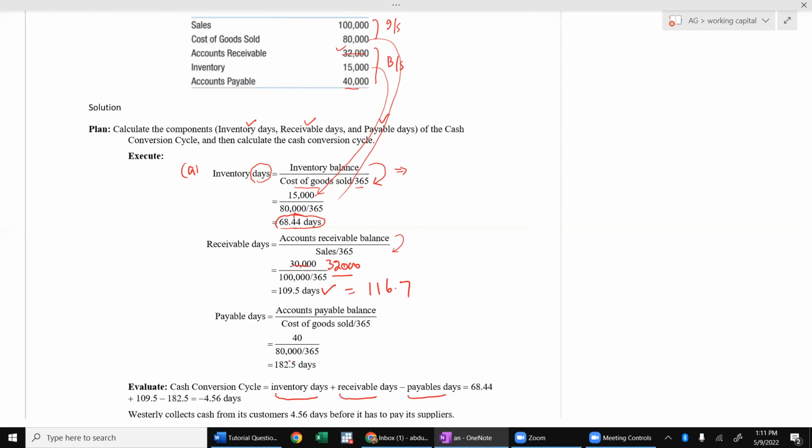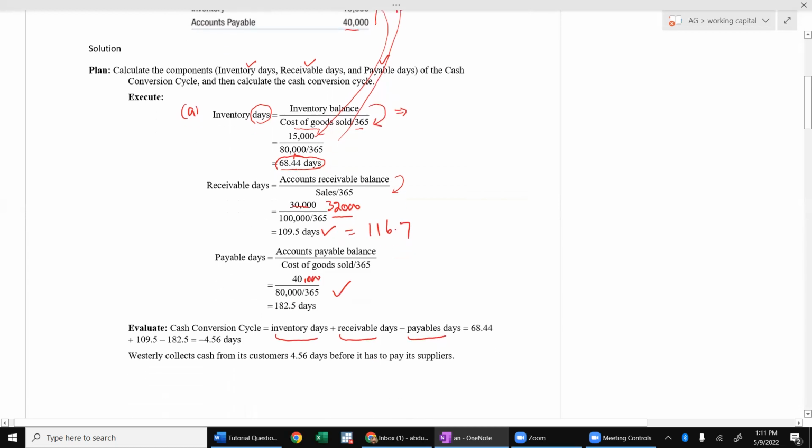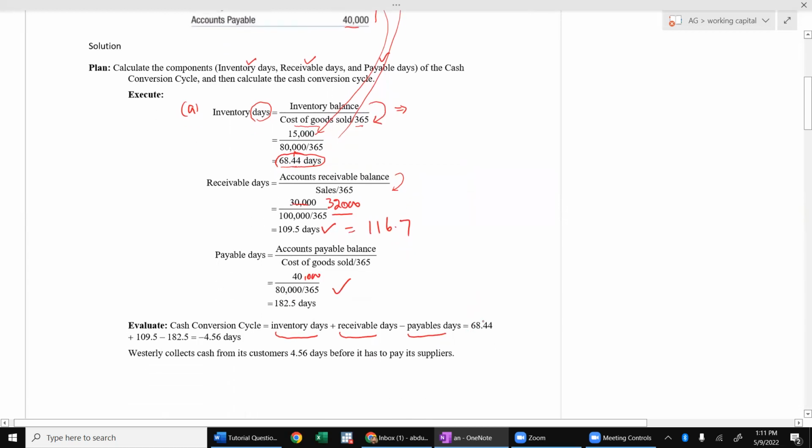Yes, this is 182. So this is 40,000, but the answer is correct. So we just need to use this information. 68 is correct. Then 116.7 minus 182, and whatever is the result is the days for the cash conversion cycle. So please correct this information.